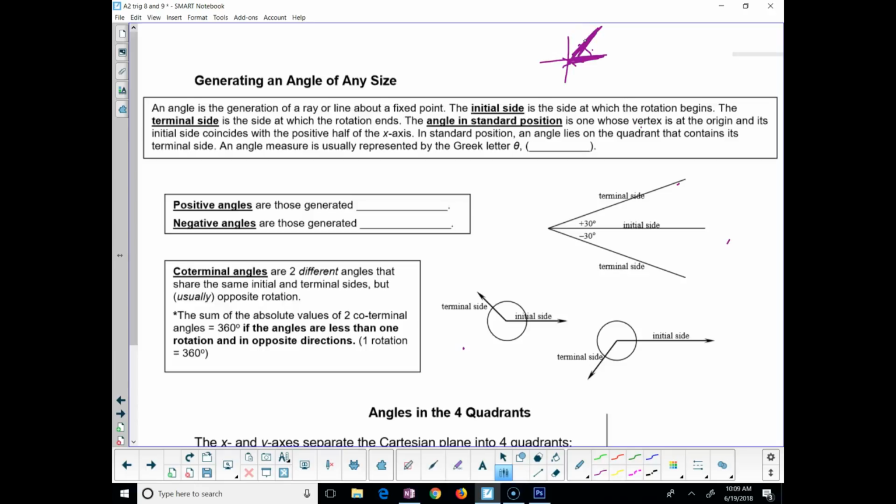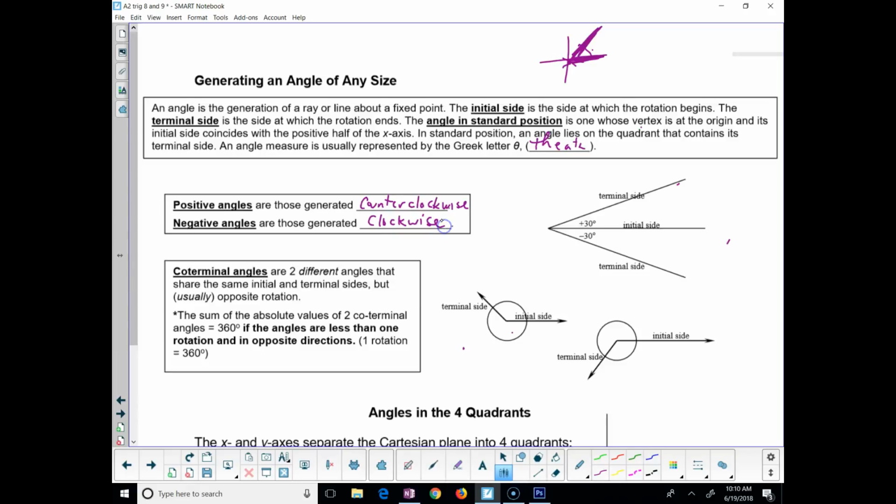An angle for us now, we are going to use the Greek letter theta. Theta. Just a reminder, positive angles are generated by going counterclockwise, while negative angles are going to be going clockwise.